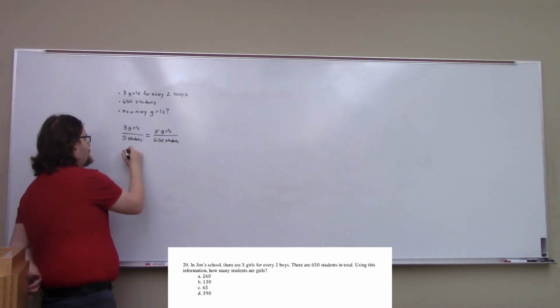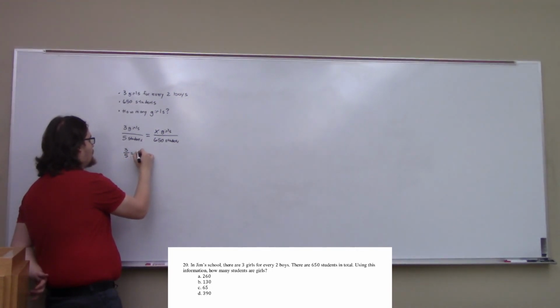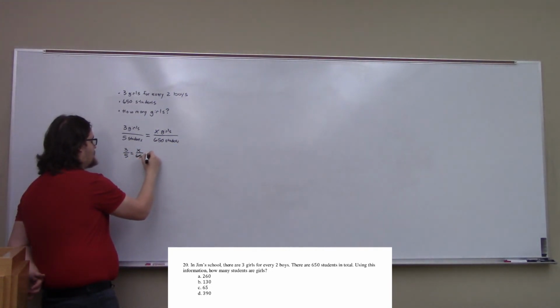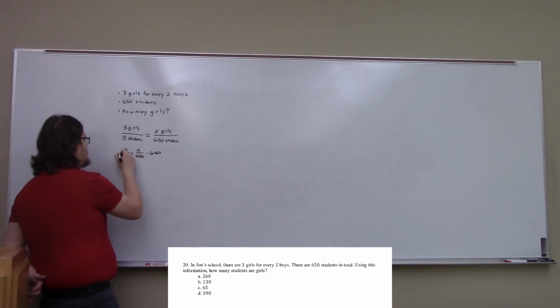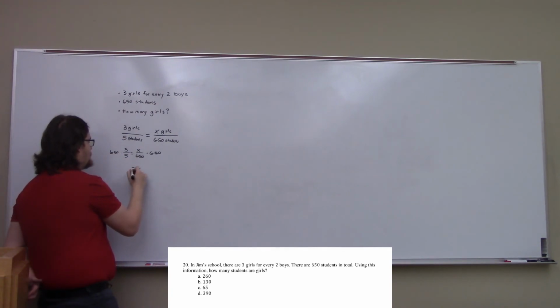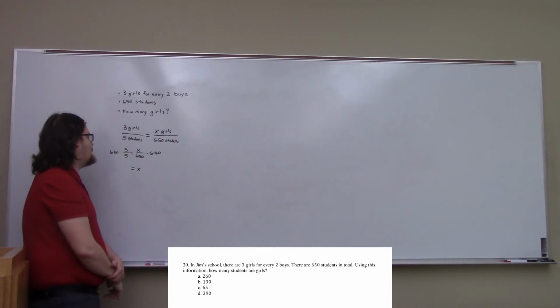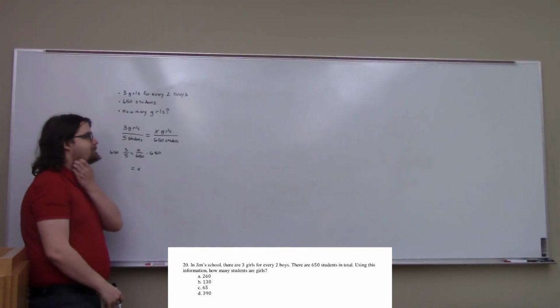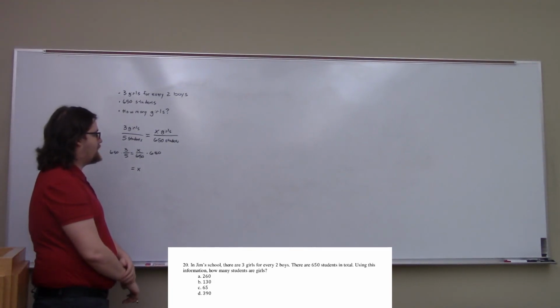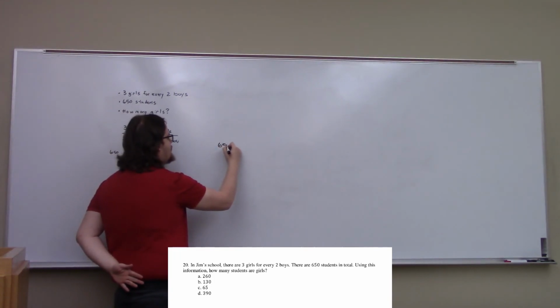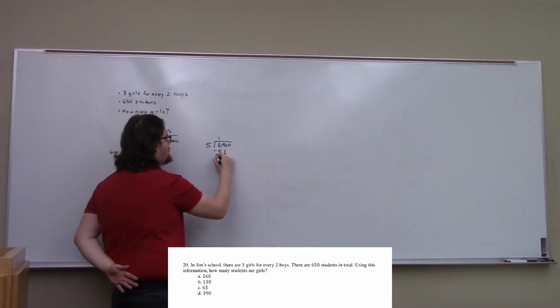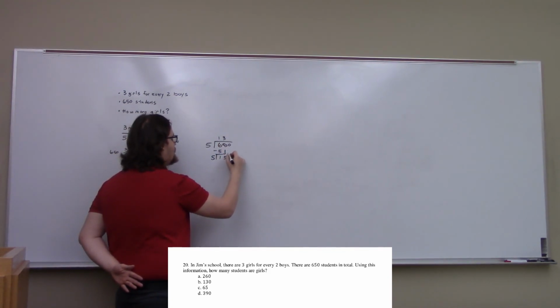If we then take this ratio, 3 over 5 is equal to x over 650, and we multiply both sides by 650, we get that x is equal to 650 times 3 divided by 5. So this will be easier if we first look at 650 divided by 5. 650 divided by 5, we get 1 minus 5, 1, bring down 5, 5, 3, and then bring down 0.